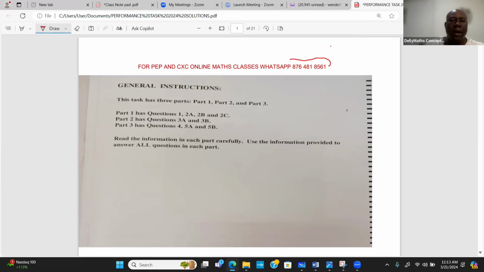All right. What I'm going to be doing right now is the PEP Performance Task Math Exam 2024. The general instruction states this has three parts. Part 1 has questions 1, 2A, 2B, and 2C.